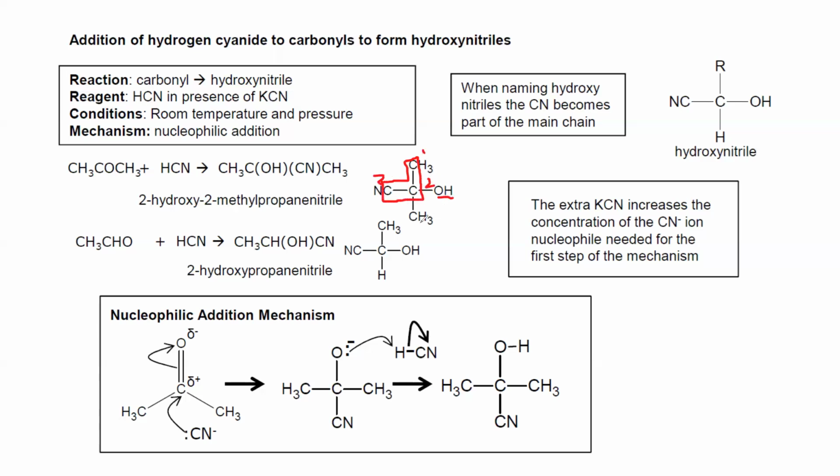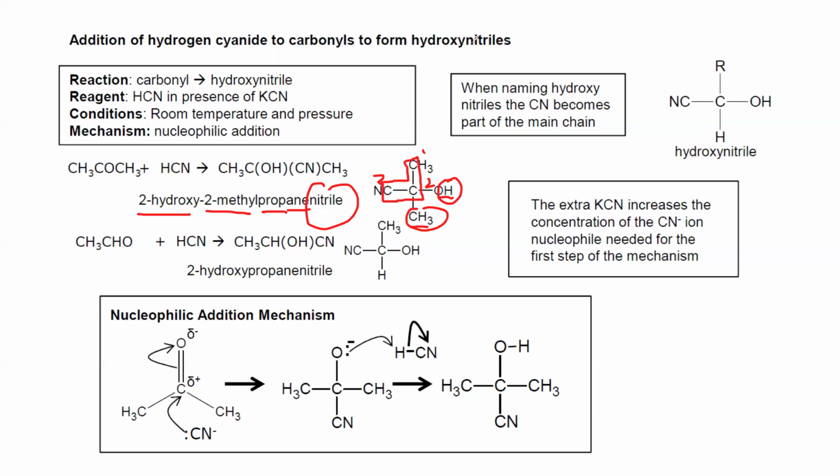Second position OH, second position methyl. That's why we call it 2-hydroxy, 2-methyl, 3 carbon atoms. So we call it prop, single bond between them, N. And because of this CN group, we call it nitrile. So this will become 2-hydroxy, 2-methyl propanenitrile.